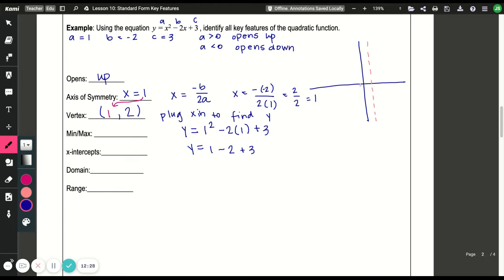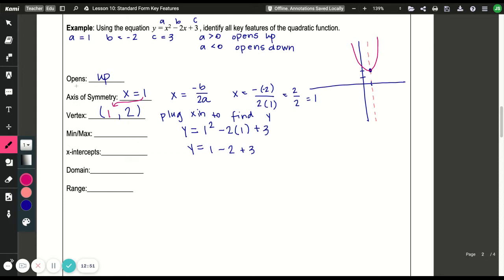So my vertex would be at 1, 2. So here's my vertex. That's my starting point. And we said that the graph opens up. So I'm not going to draw a nice one, we're just doing a little sketch to help us answer some questions here.